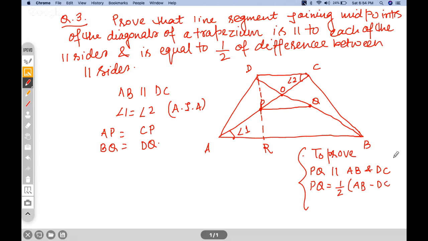These are the two things that I need to prove. Now, how do you prove that one line is parallel to a second line? That's very important. So try to understand.